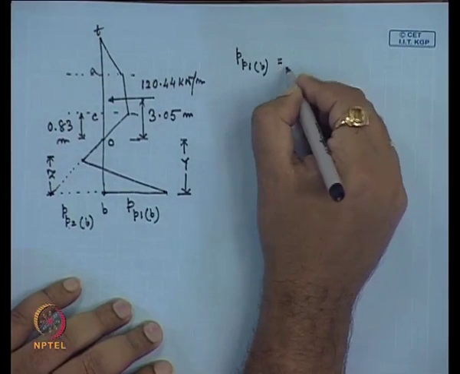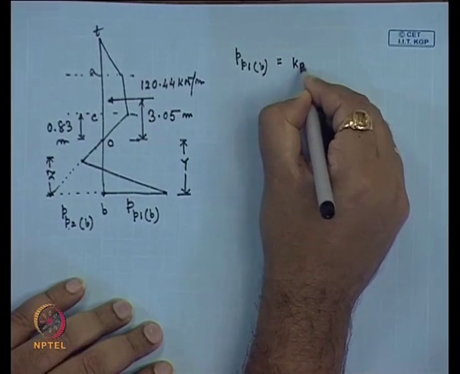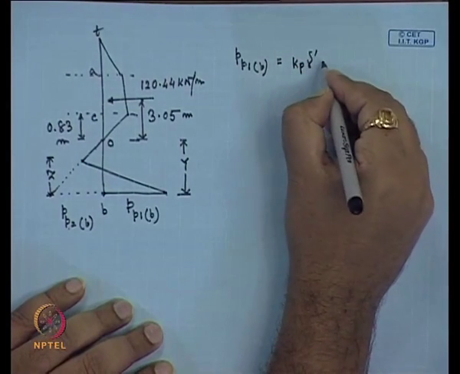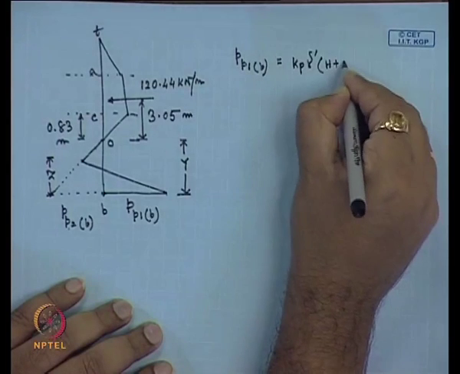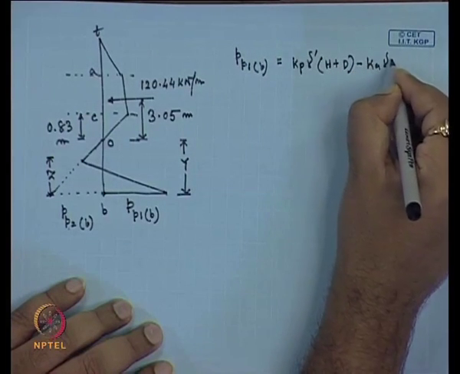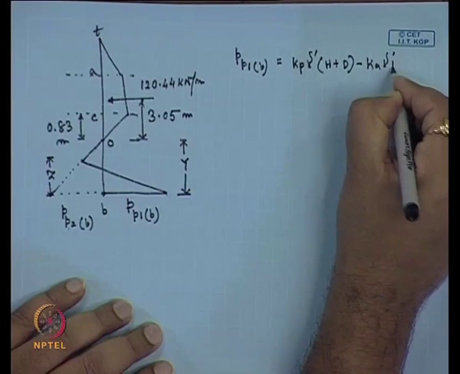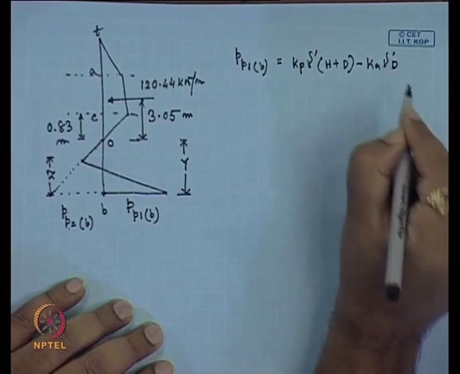So, this will be K P into gamma dash into H plus D, minus K A into gamma dash into D.